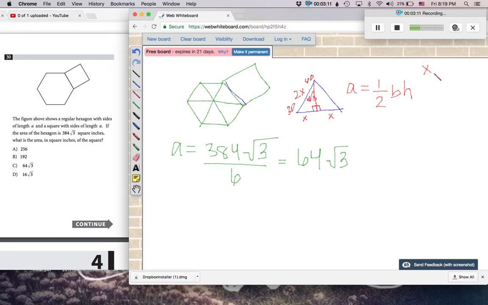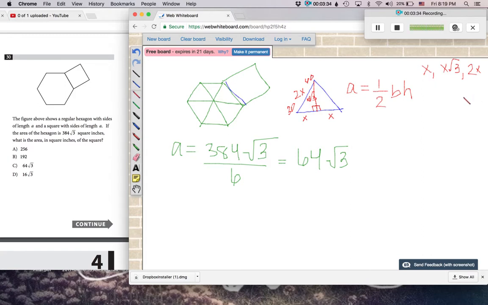I'll just write them out here: x, x square root of 3, and 2x. Those are the ratios for a 30, 60, 90 triangle with 2x being the hypotenuse, the largest, which makes sense. The hypotenuse is always going to be the largest side of a right triangle.